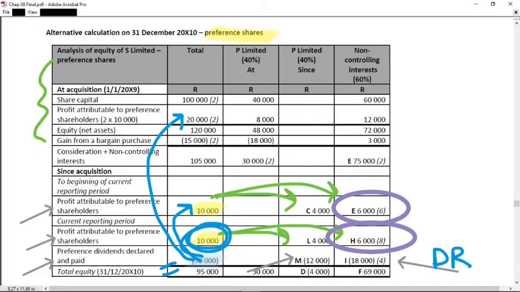equity, very helpful there. But if I have to do a consolidated SPLOCI, I don't think it's necessary to prepare the entire analysis, because the only amount from the analysis that you need to prepare the consolidated SPLOCI is really this profit attributable to your NCI, both from the preference and ordinary share analyses.